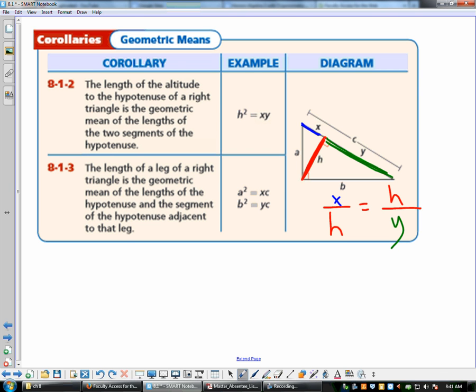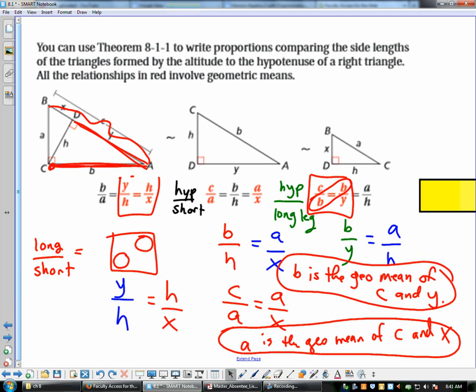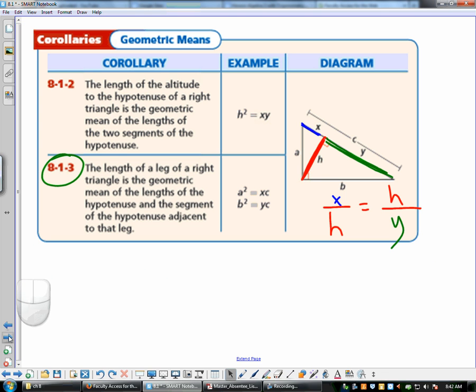All right, and then corollary 8-1-3 says the length of a leg of a right triangle is going to be the geometric mean of the lengths of the hypotenuse and the segment of the hypotenuse adjacent to that leg. This is not anything new. That's exactly what we were saying here and here. That's exactly what we had discovered on this page. It's just written out formally as a corollary to our theorem.